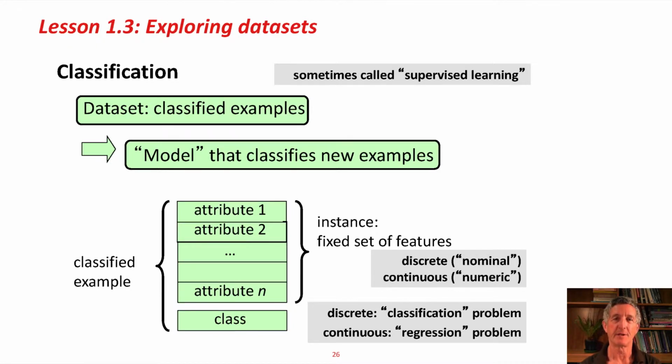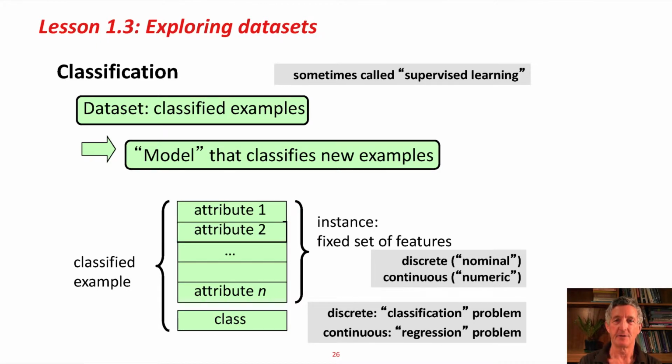These examples are independent examples with a class value attached, and the idea is to produce automatically a model, some kind of model that can classify new examples. That's the classification problem. And here's what the examples look like. This is an instance with the different attribute values, a fixed set of features, and then we add to that the class to get the classified example. That's what we have to have in our training data set.